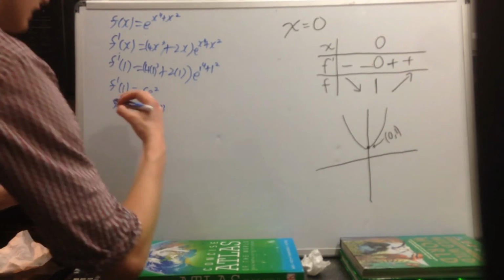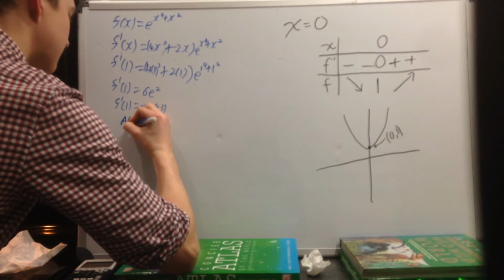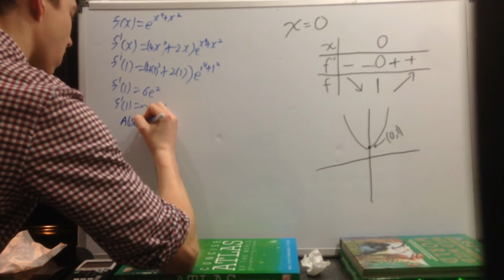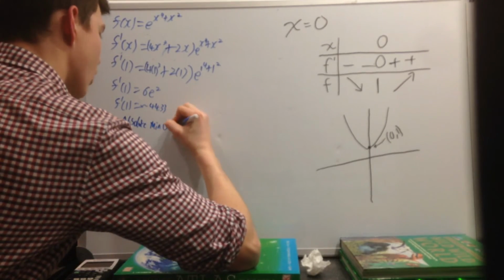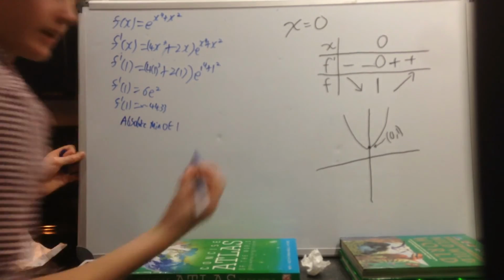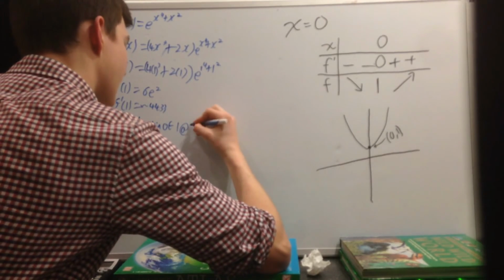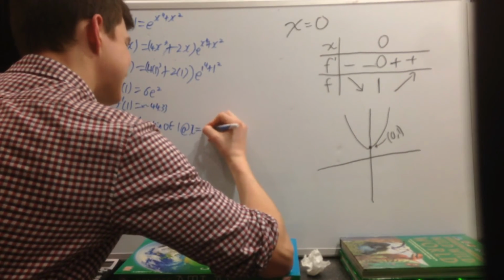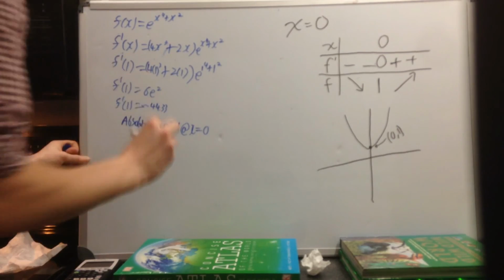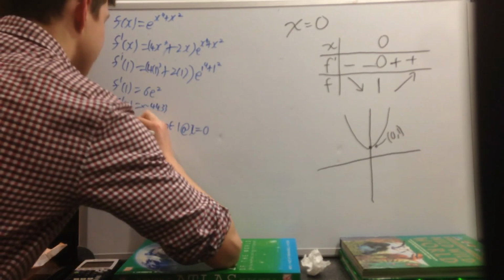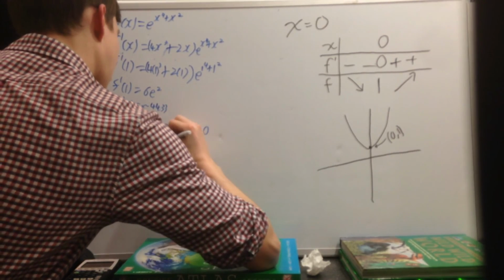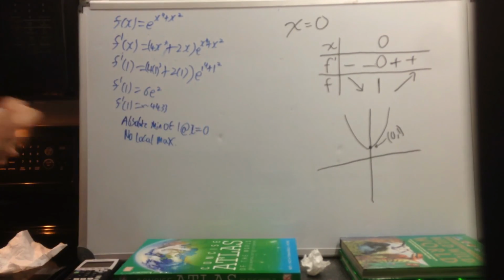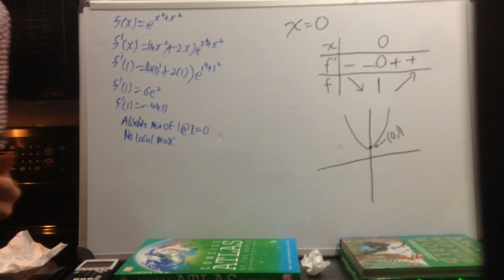This means there is an absolute min of 1 at x equals 0. There is no local maximum. And that is the end of the lesson.